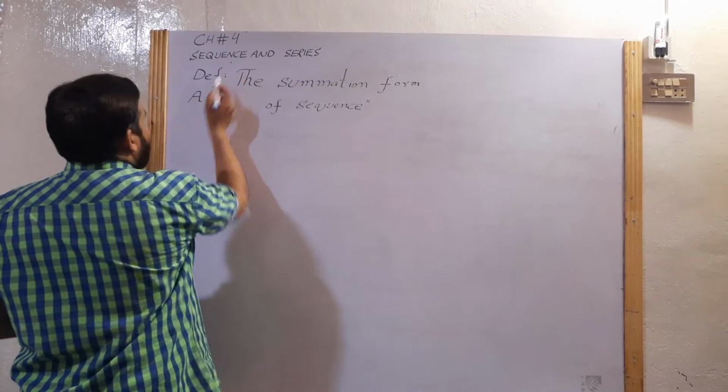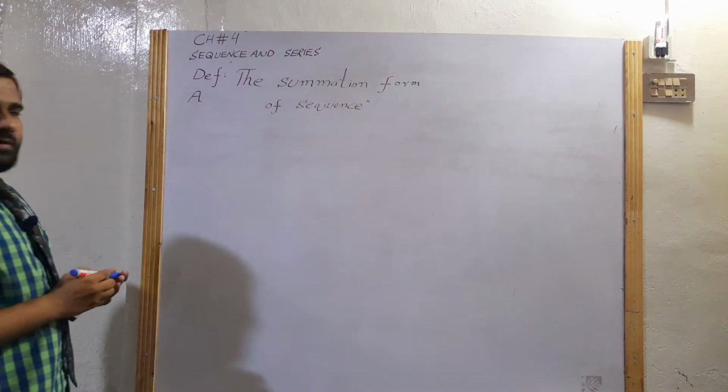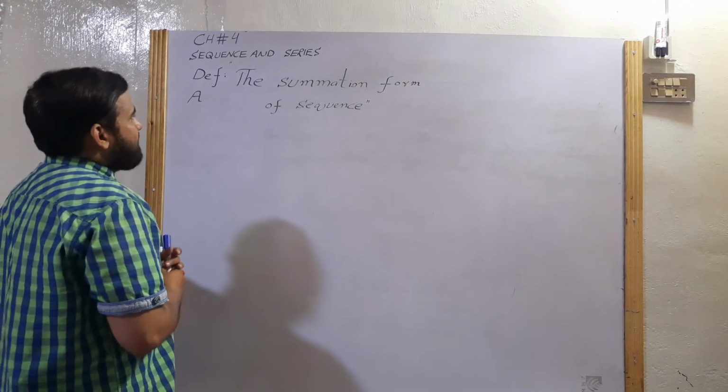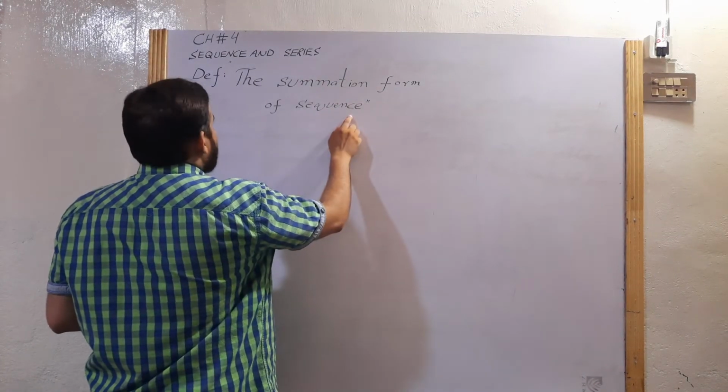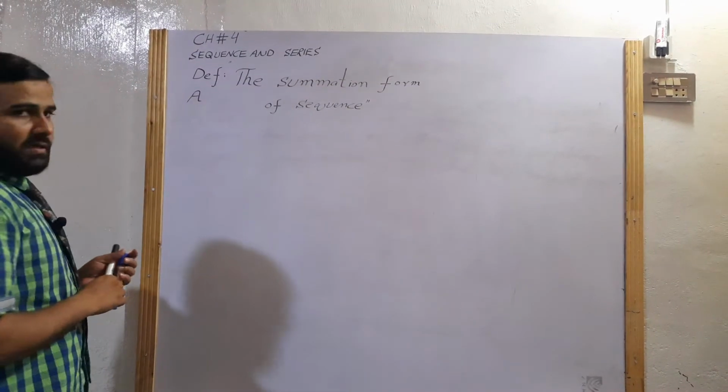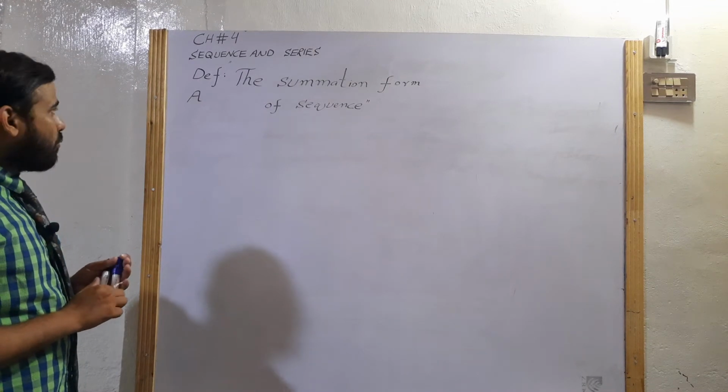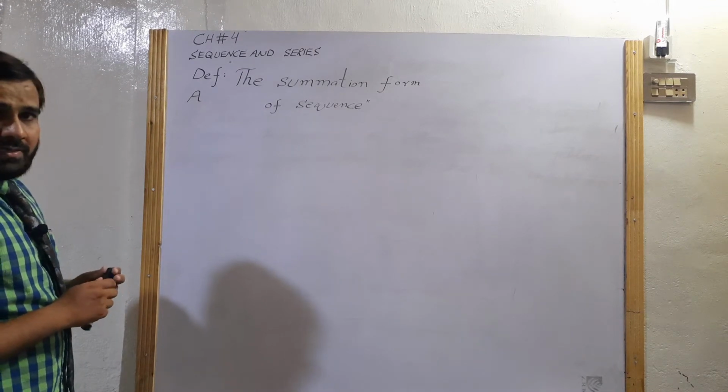The summation form of a sequence is called a series. We will discuss three types of series.